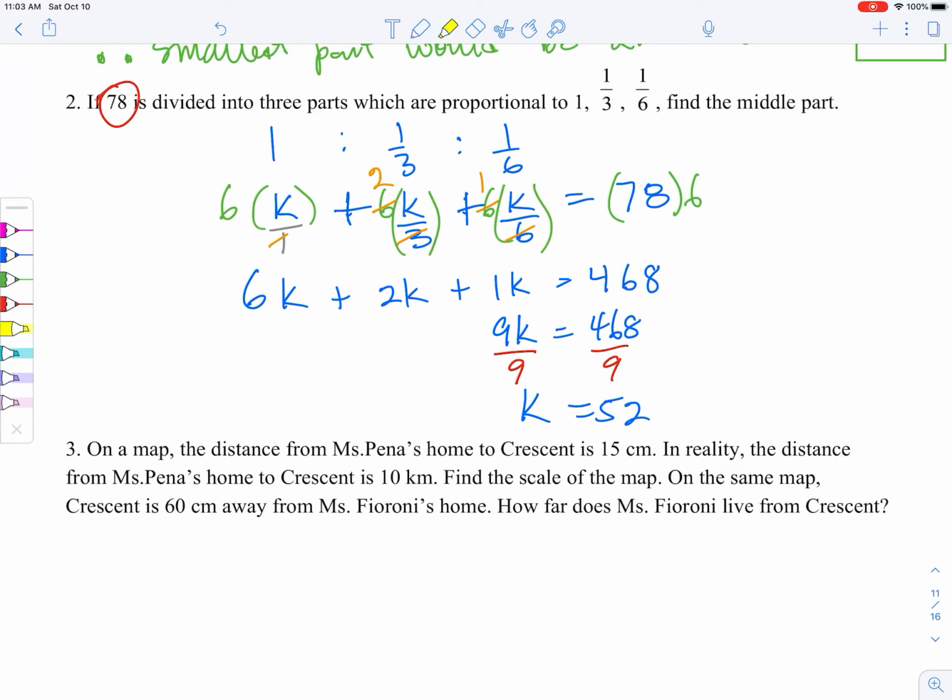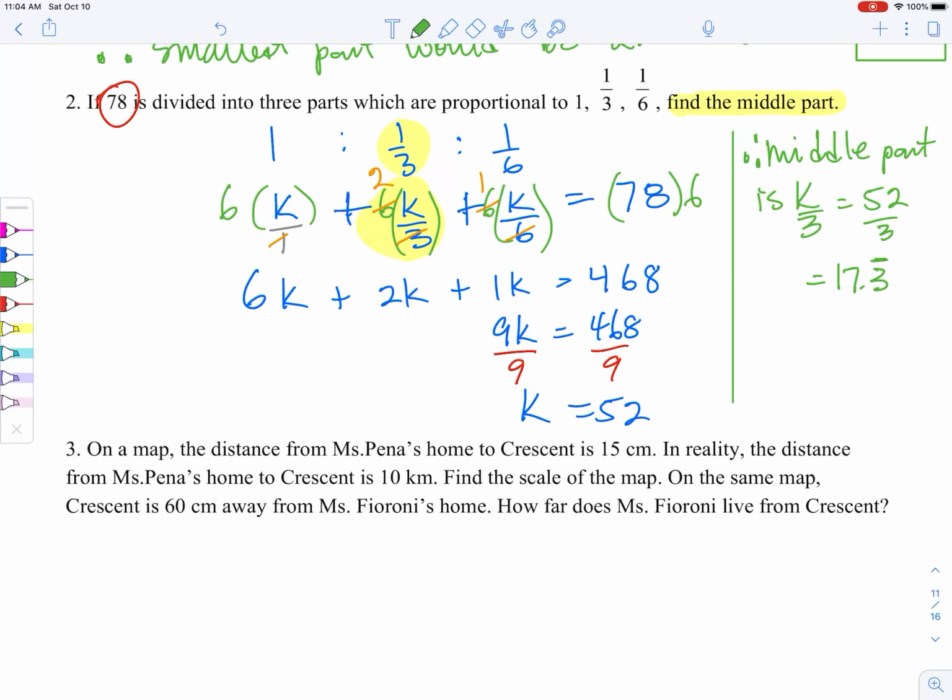In this question, it said, find the middle part. And the middle part is this 1/3, or k over 3. So the middle part is k over 3, which is 52 over 3, which is 17.3 repeating. So that is our middle part.